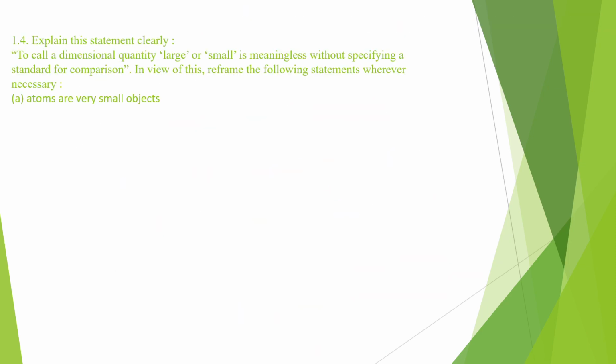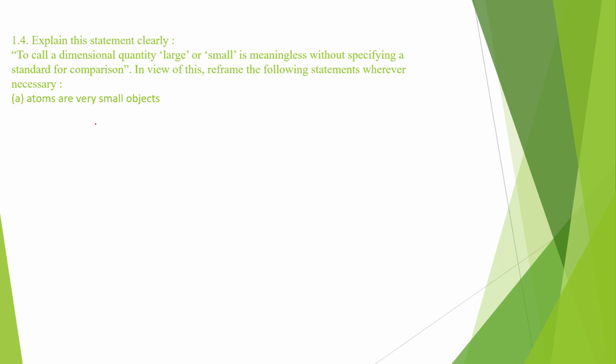Explain this statement clearly. To call a dimensionless quantity large or small is meaningless without specifying a standard for comparison. In view of this, reframe the following statement wherever necessary: the atoms are very small objects.